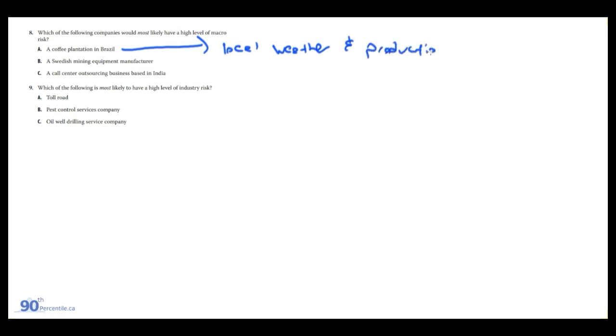And production, of course, could involve the plantation's ability to invest in equipment or hire labor. You could say that there's some macro risk associated with FX, since they're selling their coffee globally. But I would cross this one out just because I think the coffee plantation is more localized.